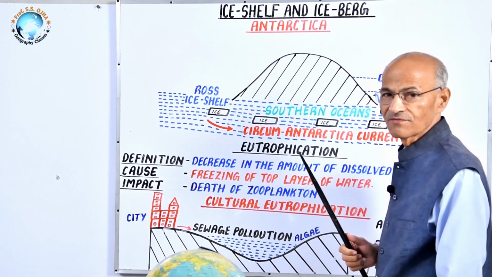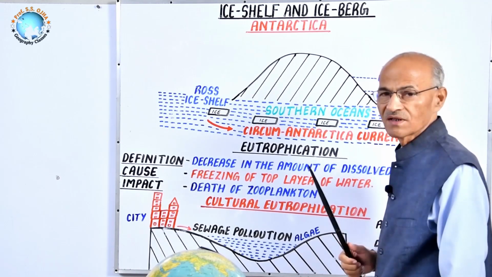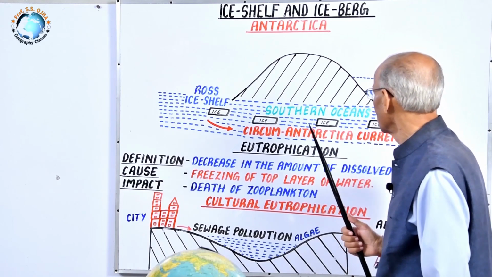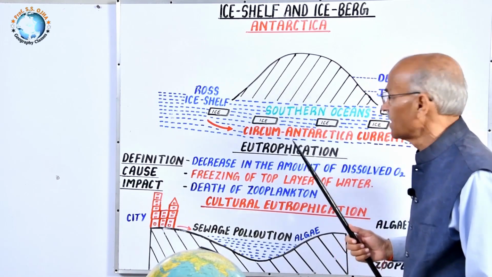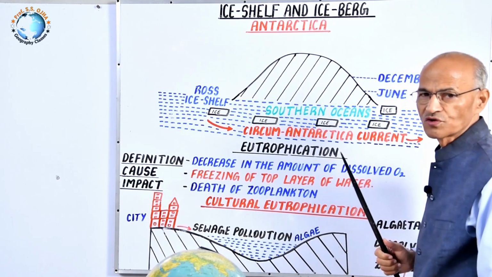Contrary to it, if you have only time to visit in the month of May and June, and you reach there, then you will see that the ice sheet has extended close to the coastline.